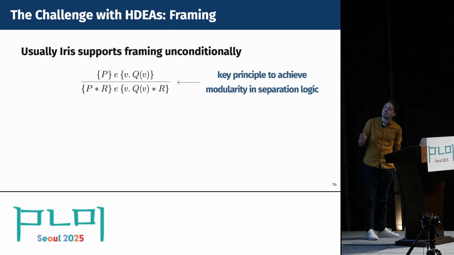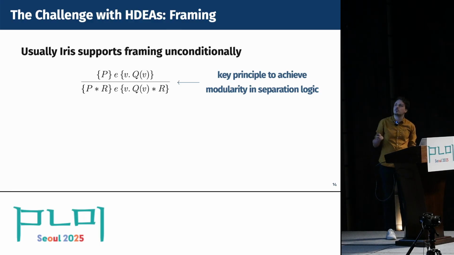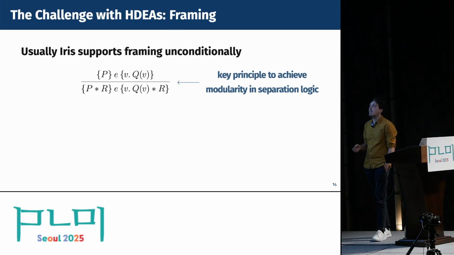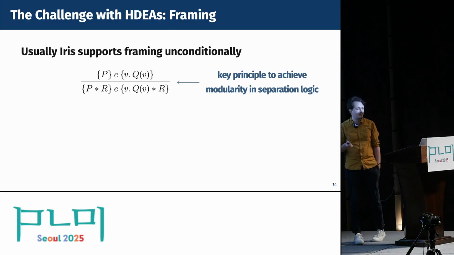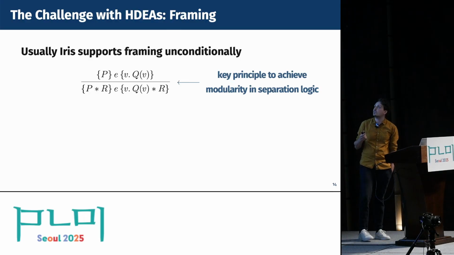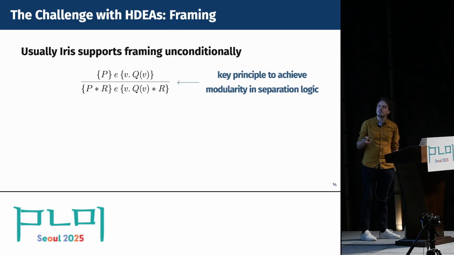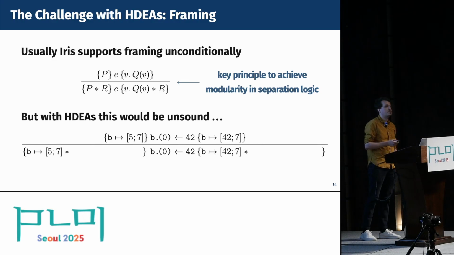In particular, Iris supports this very general form of the frame rule, which says if you have proven a Hoare triple {P} e {Q}, then you can frame on any additional resource R, and it will be left unchanged. And this is a, if not the key principle in separation logic to achieve modularity, and used quite widely in Iris. But in the presence of heap-dependent expression assertions, this rule as it is written here is unsound.